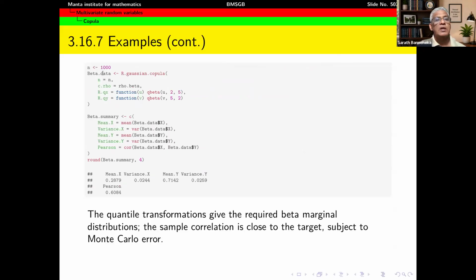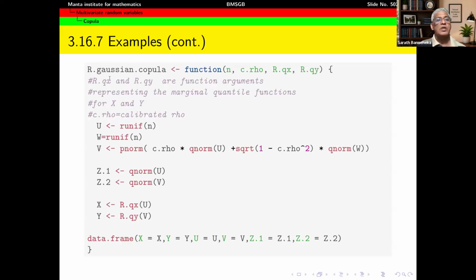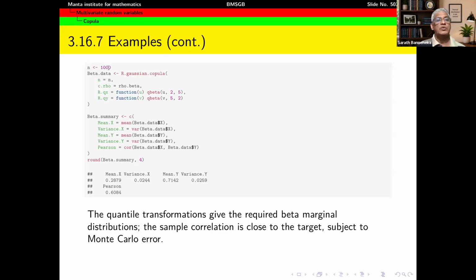Here my data, I will call it beta data. I'm applying this R Gaussian copula function with n equal to whatever, here I'm going to generate 20,000 values. C rho will be the rho beta value that I have already obtained, that is 0.633. And this is where I input the functions.